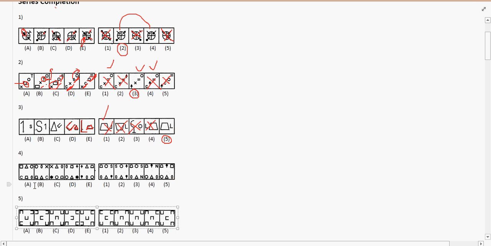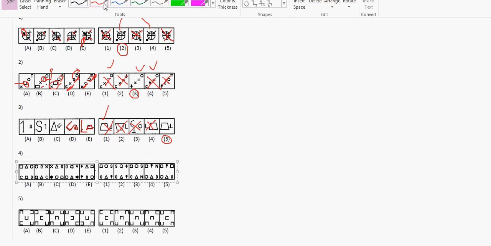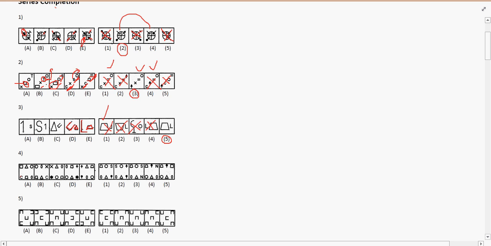So in question 4, what is happening? There are lots of things, six of them, and it might become difficult to understand how to go about it. So let's take one thing. If you see, one thing is being replaced, right? There is a replacement going on. Let's understand what is happening to something which is here. Something which is here is going here, right?